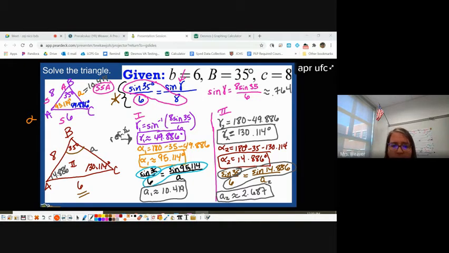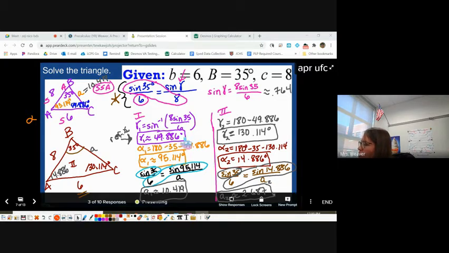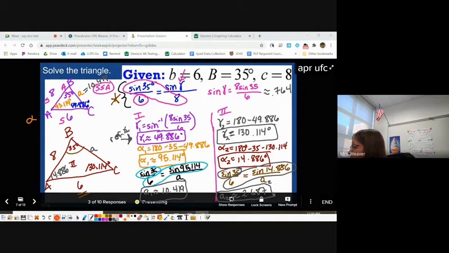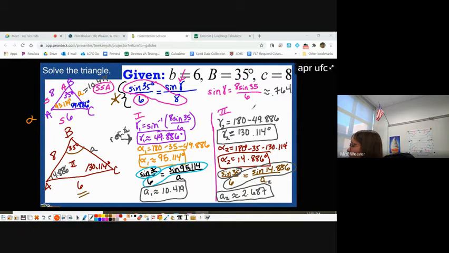Okay, so let's talk about this for a second before we move on to another slide. When we did sine inverse, we got the quadrant 1 option, which was 49.86. That is our reference angle. To find the quadrant 2 option, we did 180 minus the reference angle.